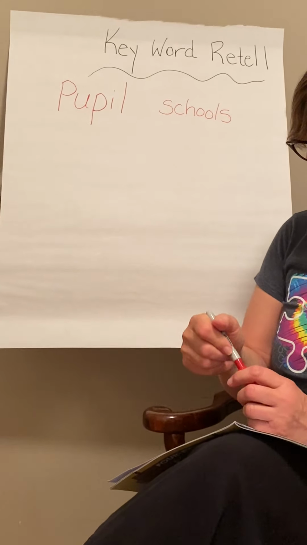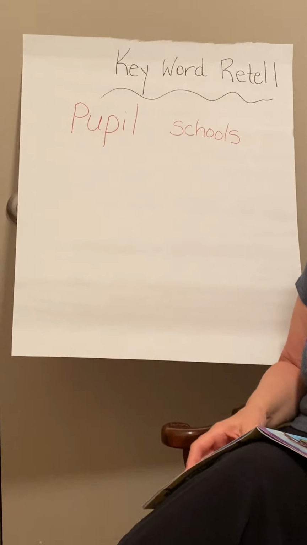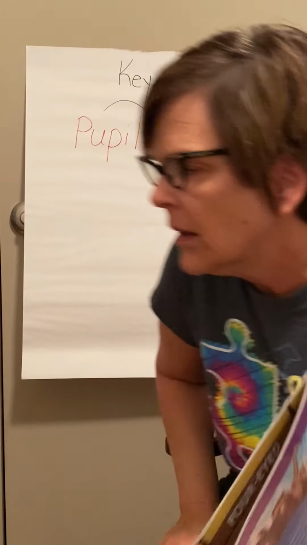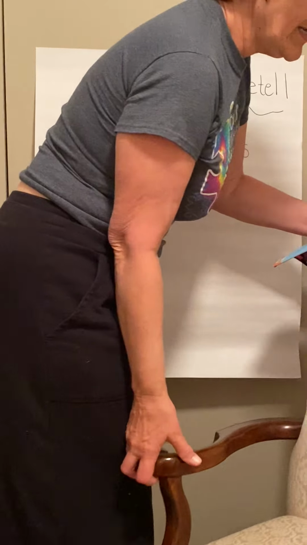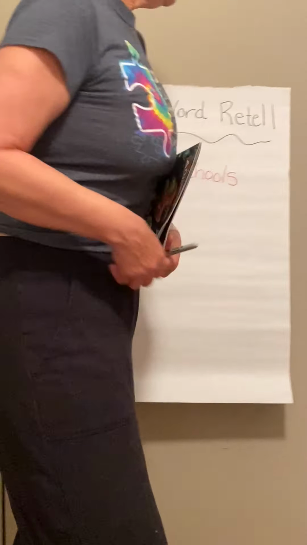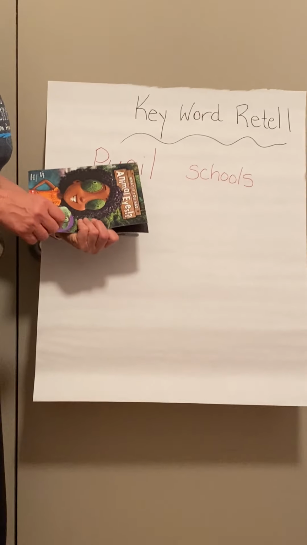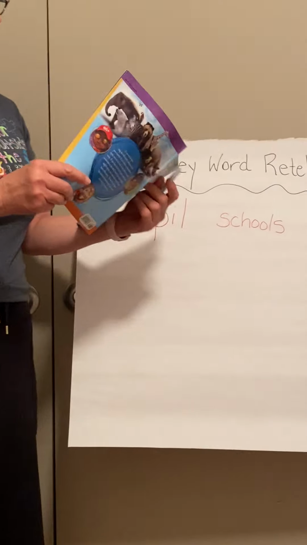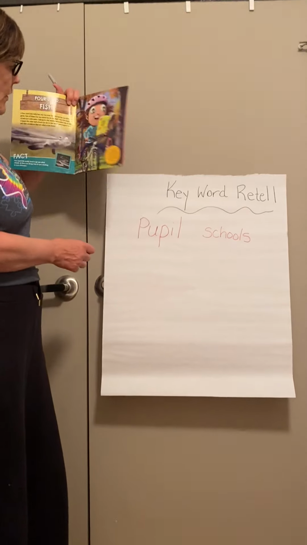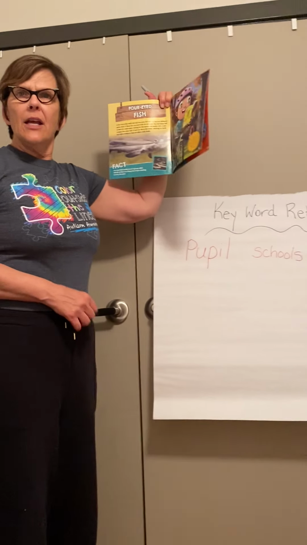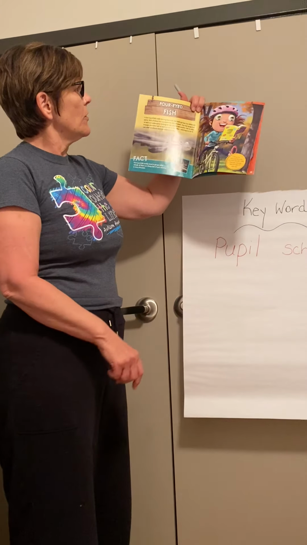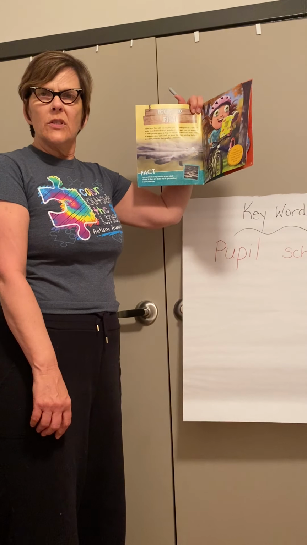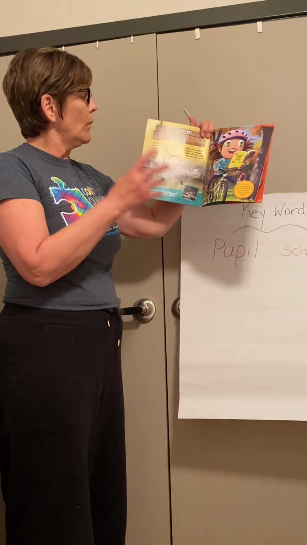All right, so let's go ahead and we're going to retell what we just read, using the word pupil and the word schools. All right, so I can look back, but I know that pupil is the most important word here. So let's make a sentence about what we read.